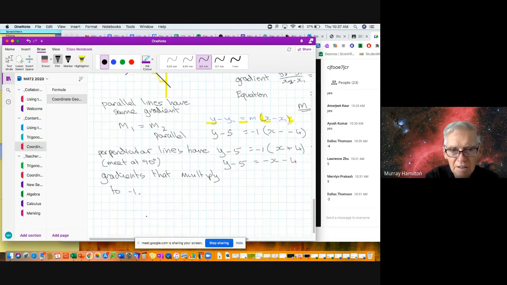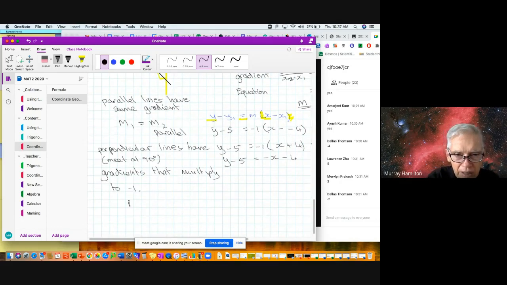How they write this in maths is like this. They have the gradient of one line times the gradient of the perpendicular. So that upside-down t represents perpendicular, equals -1.